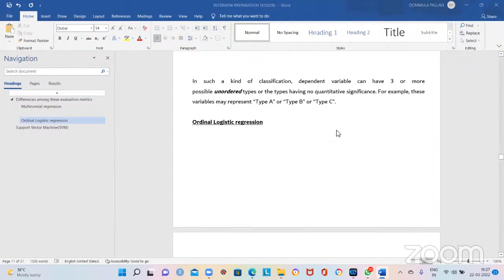Coming to the next one, what is ordinal logistic regression? Please mention in chat box.